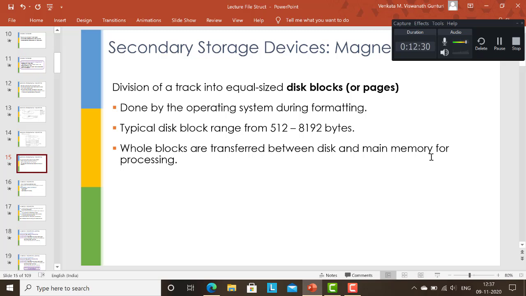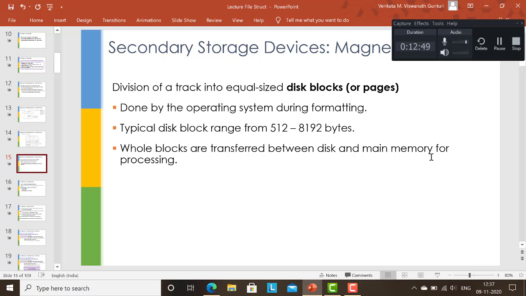In this course, we will assume that one disk page is equal to one disk block, although in theory they may have slight differences. I'm going to use these terms interchangeably.